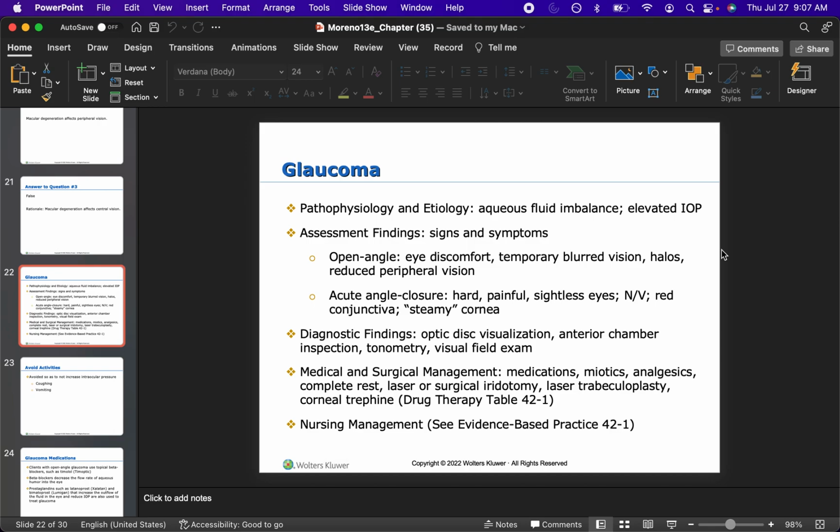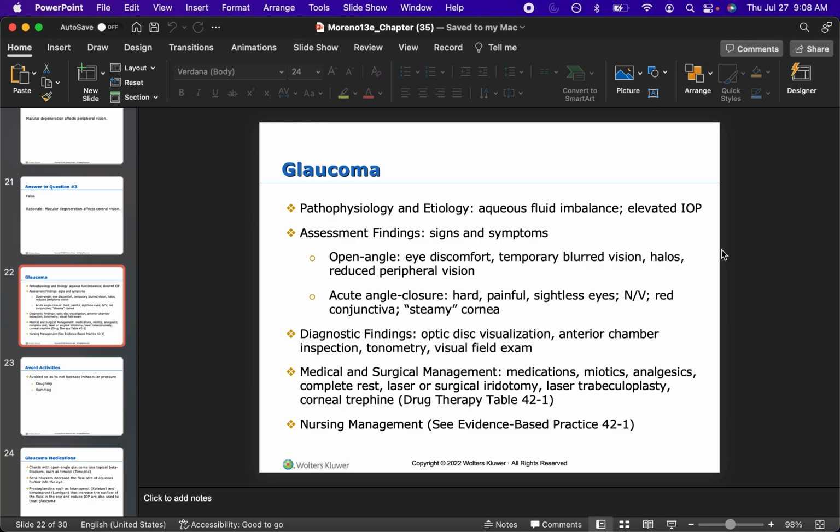So you have two different types: open angle and acute angle closure. The difference in assessment findings: with open angle, you may experience some eye discomfort, temporary blurred vision, halos, and reduced peripheral vision.